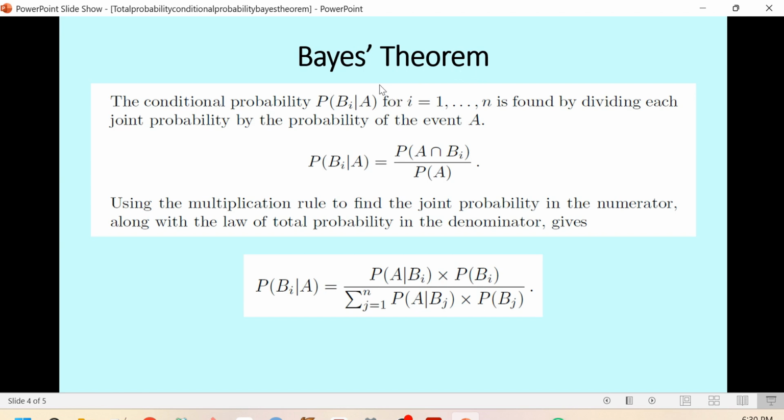Why are we interested in this theorem? Because in this theorem you can see this PBi is our presumption of the probability of Bi without knowing A. So this is usually called the prior probability.